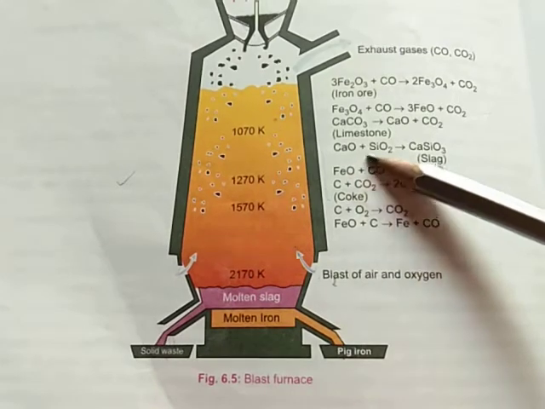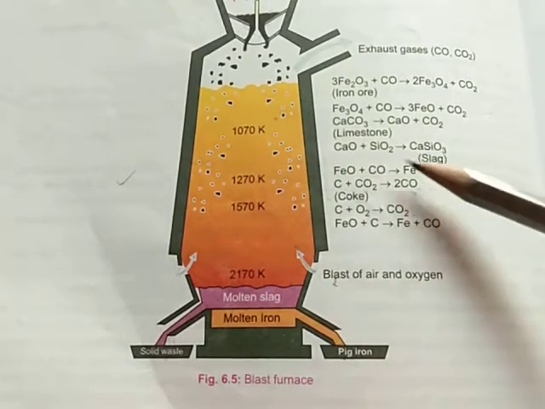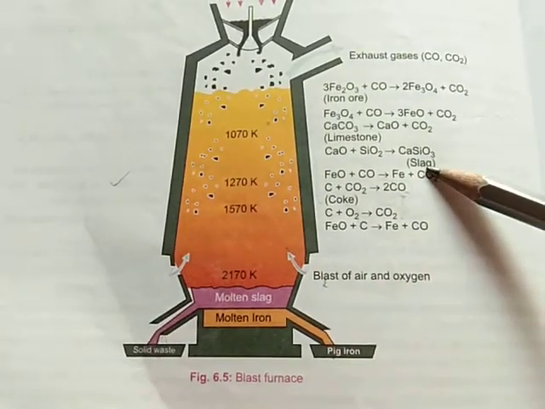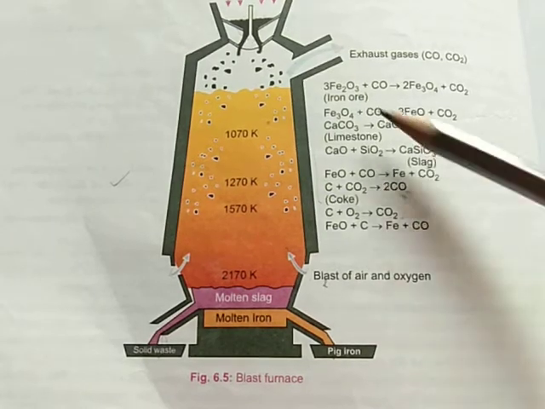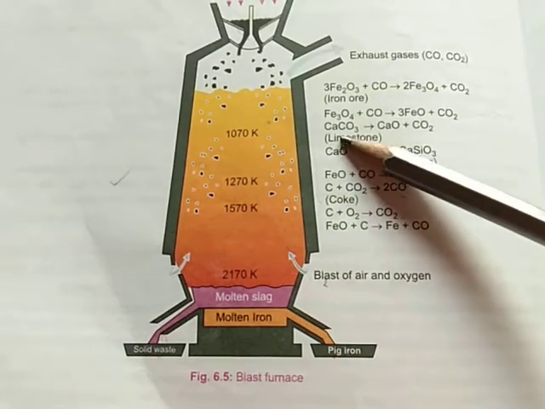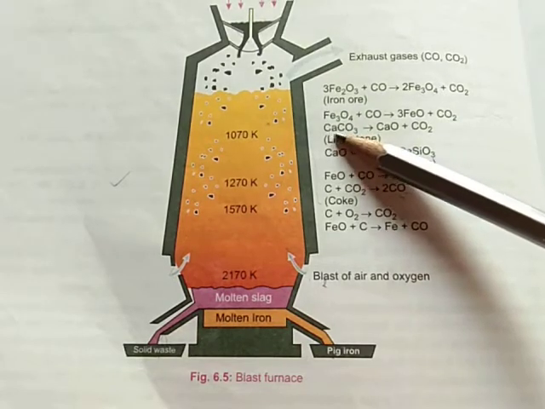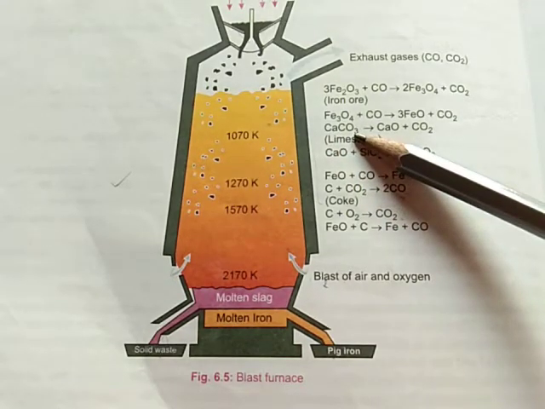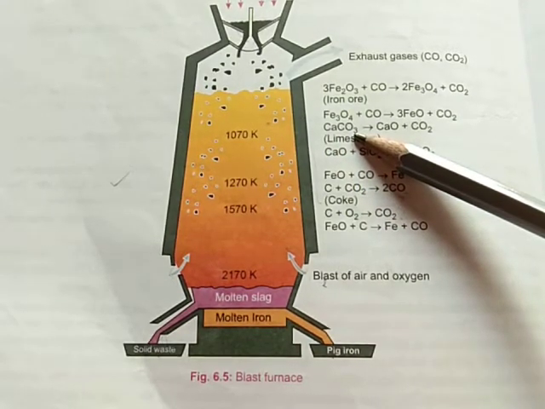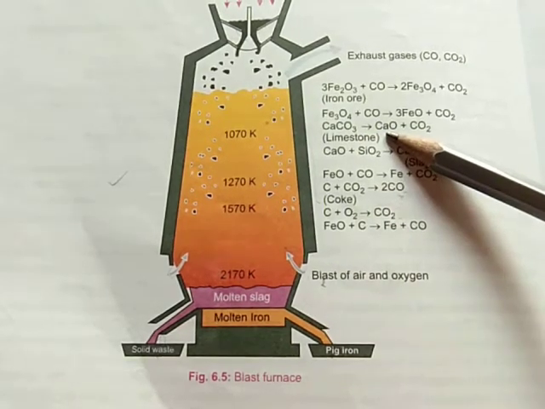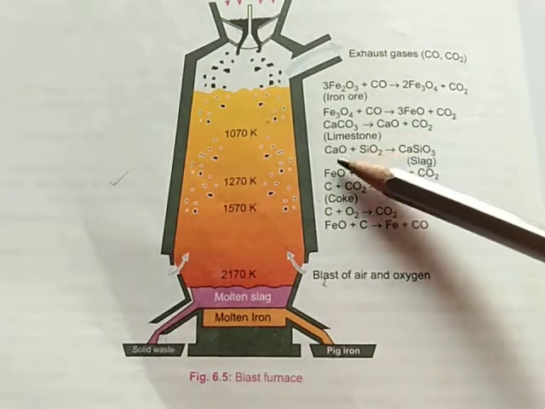Now the third zone is the slag formation zone. Here slag is formed. In this zone, the limestone, CaCO3, decomposes to produce CaO, calcium oxide, which combines with the silica.